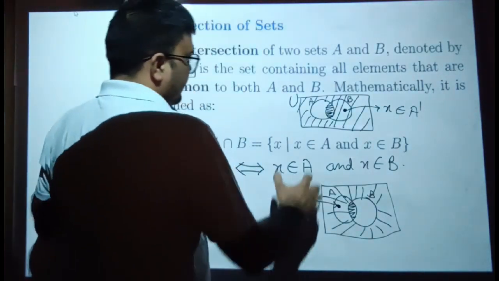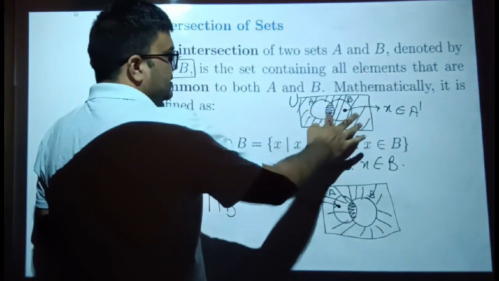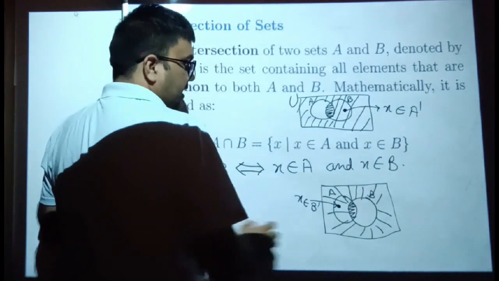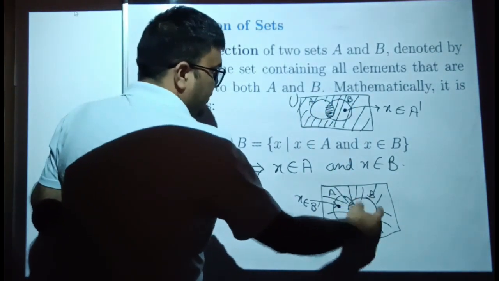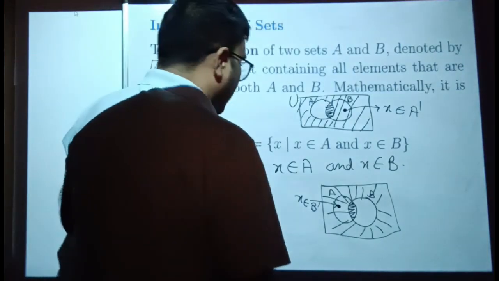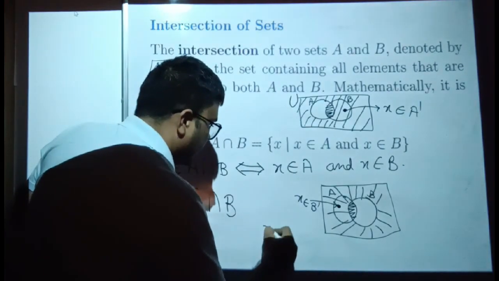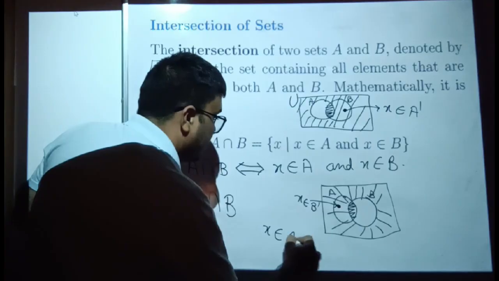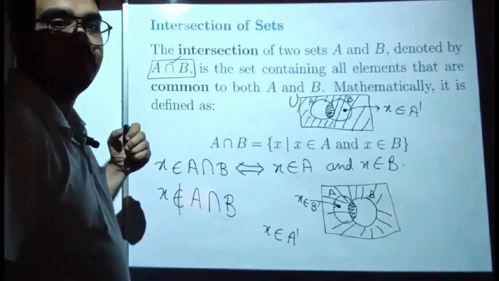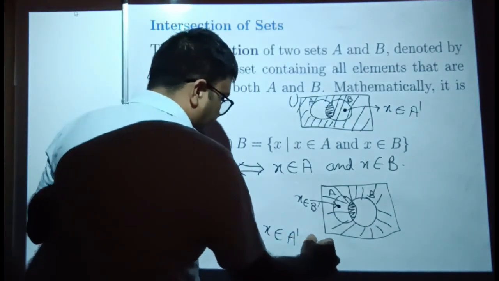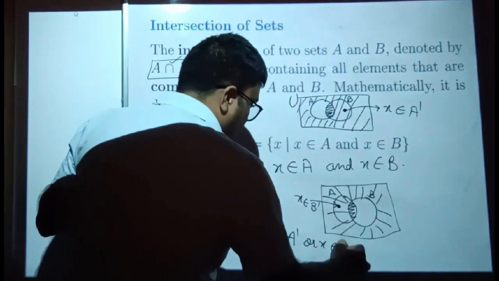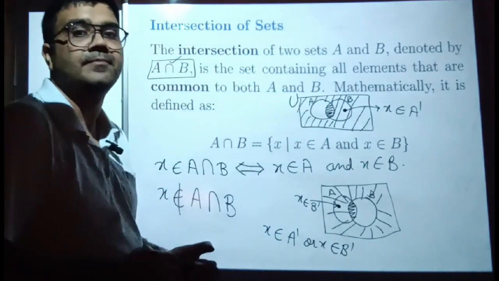What we have obtained: when we are leaving A, we have covered this area. When we are leaving B, we have covered this area. If I take the union, I am saying x belongs to A complement or x belongs to B complement.